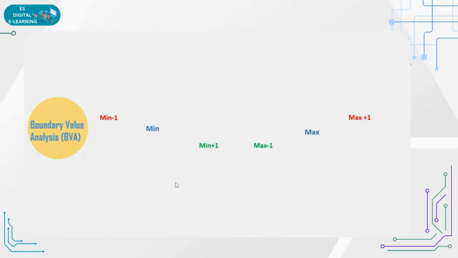Within the boundary there will be some value, and after the boundary there will be some value, a kind of margin. It is differentiated as minimum and maximum. For minimum we verify minimum plus 1 and minimum minus 1, and similarly maximum plus 1 and maximum minus 1. Like that, we make the boundaries.